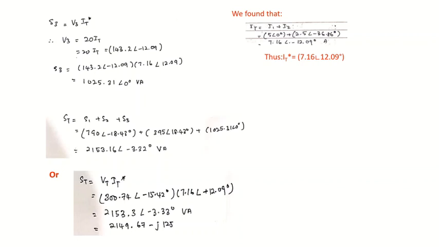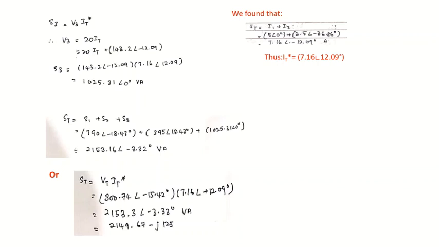Previously we know that your IT originally is 7.16 with minus 12.09 degree. So the conjugate of the IT will be 7.16 with plus 12.09 degree.